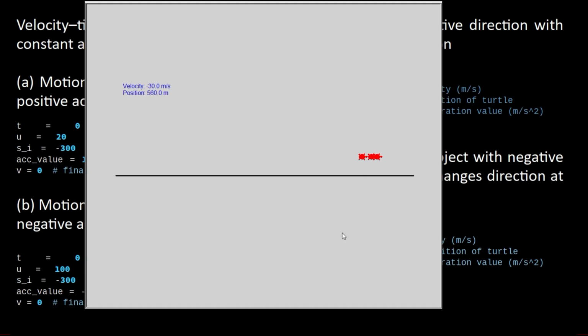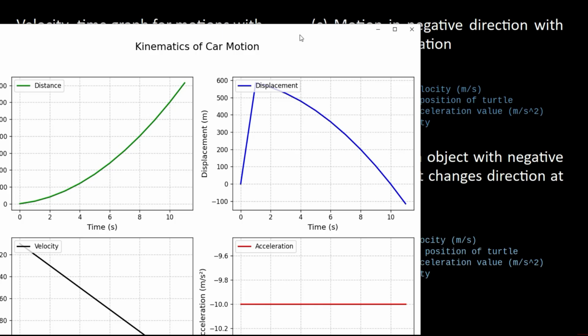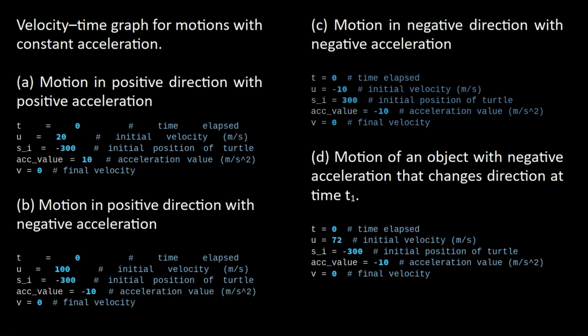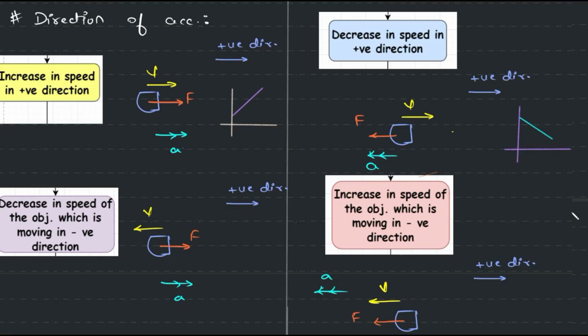So this is a case wherein the object is moving left, but actually now it's moving faster and faster in the left direction. So this is an example of velocity being already negative and increasing in magnitude. So this is basically this.